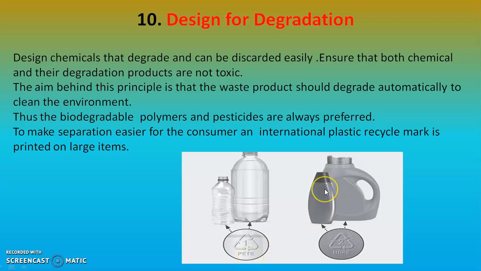Then some bottles, like shampoo bottles, if you observe at the bottom, there is a print of a triangle, and the arrows show recycling. So these bottles are recycled. These arrows say that the product is recyclable.